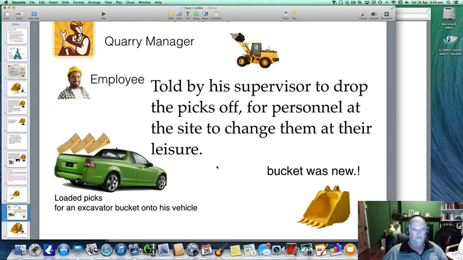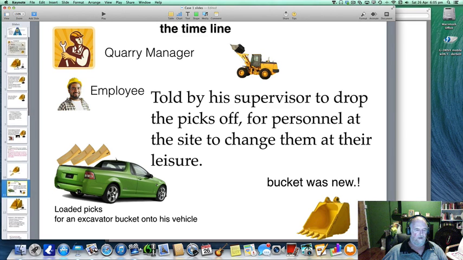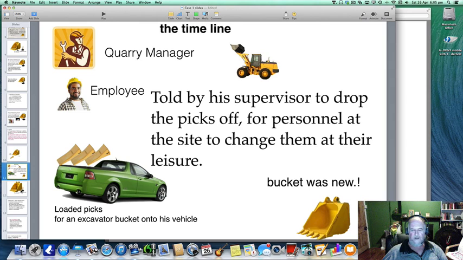Now, to start off with this, we've got the quarry manager, and this is the main timeline. The quarry manager tells the employee to drop the picks off for personnel at the site to change them at their leisure, right? So this guy takes his ute, he loads it up into his vehicle, and this particular bucket had never had the picks changed because it was brand new.